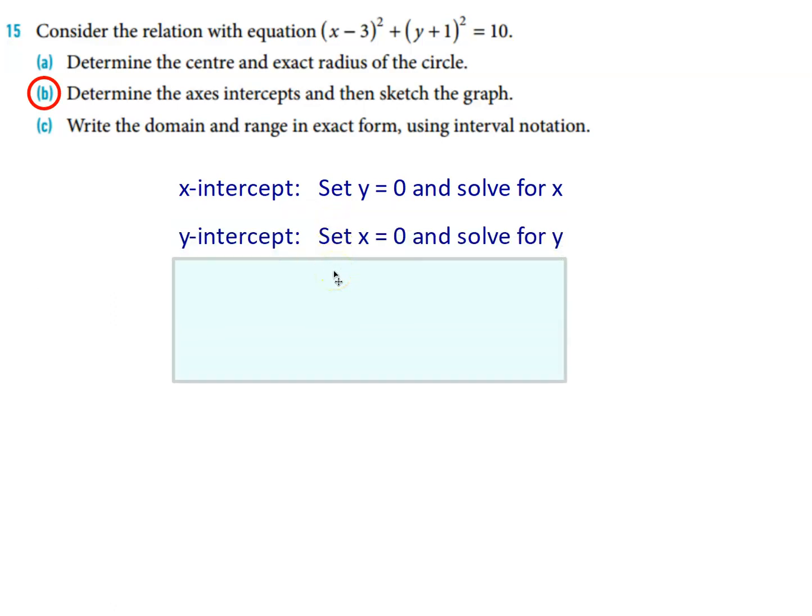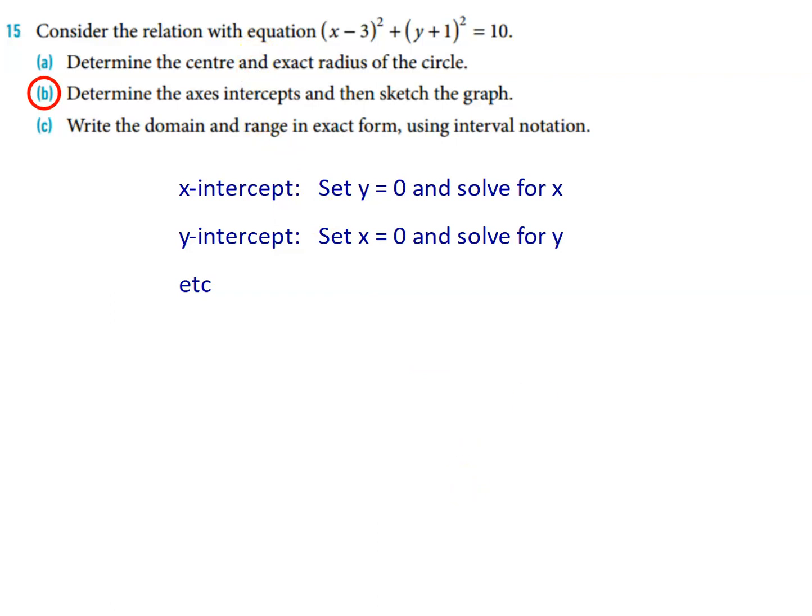And for the y-intercept, of course, anywhere on the y-axis, x equals 0. So make x equal to 0 and solve the equation for y. Once again, you might get one answer, two answers, or no answers. So good luck with that question. And if you want to, you can go ahead and do parts A and C as well.